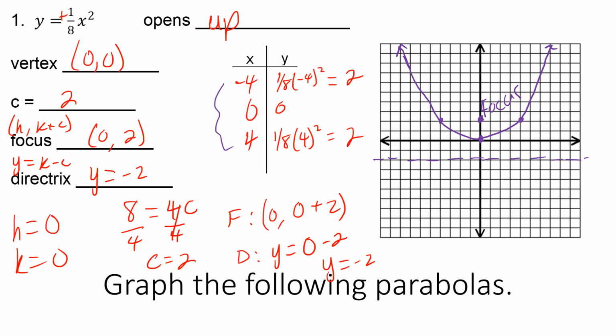Where y equals means that it's a horizontal line. And so here is my directrix. So directrix, focus, and vertex. All right, it's not too bad. Again, simple math, just putting it all together.